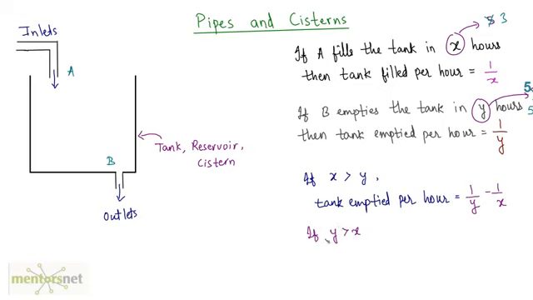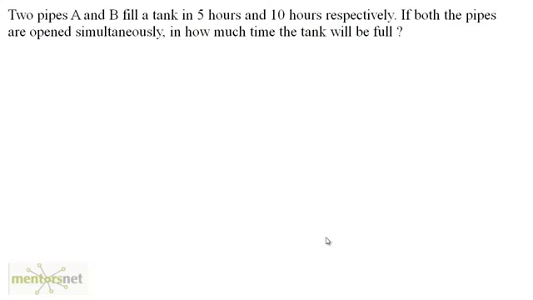So if Y is greater than X, then the tank filled per hour will be equal to 1 by X minus 1 by Y. So these are some small formulas that you have to remember in order to solve questions related to this. Let us solve a question now.